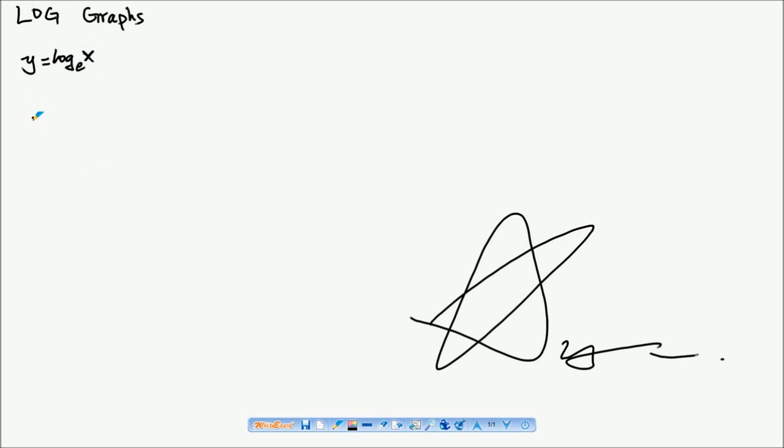So if I have a graph, the log graph pretty much looks like this.